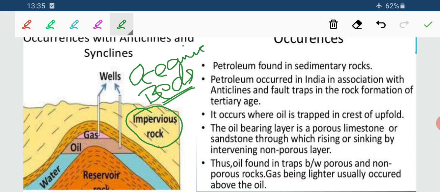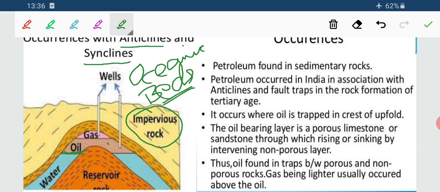Petroleum is trapped between the permeable and the impermeable rocks. You can see it mentioned there, syncline and anticline. Anticline means the crest part and syncline means the valley part, which are within the submarine mountains.